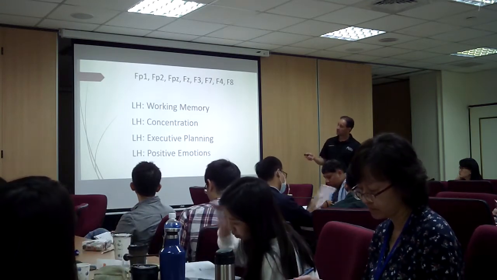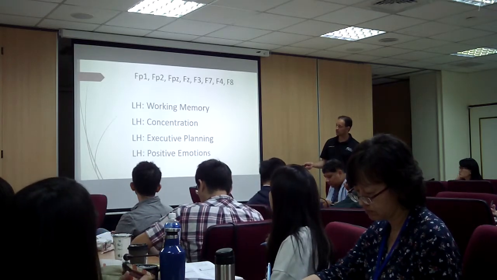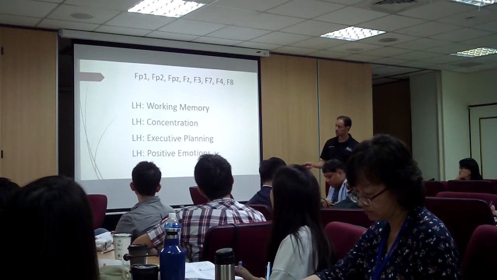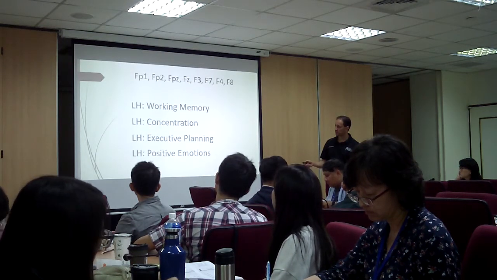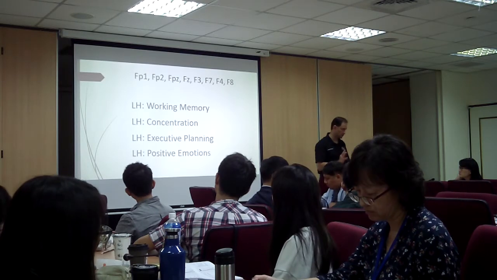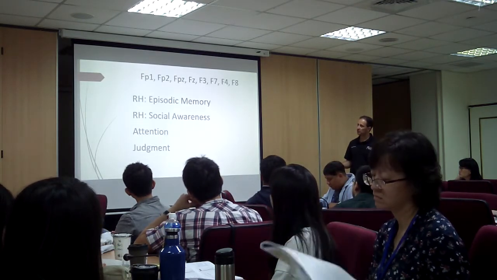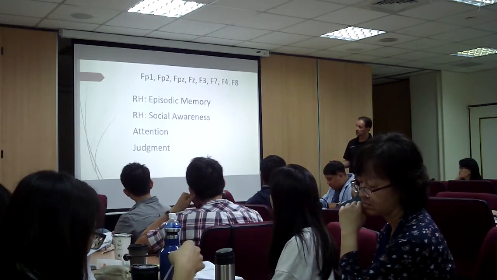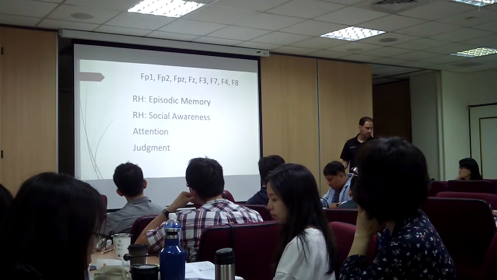So for this, it's going to be working memory, concentration, executive planning, positive emotions. That's FP1, F3, and F7. Okay, that's some of the functions from that area. We're going to break them down more specifically later on. Now, the right hemisphere is going to be episodic memory, social awareness, attention, and judgment.